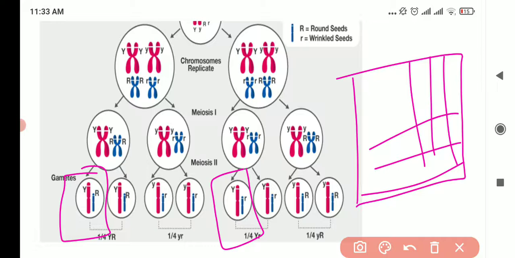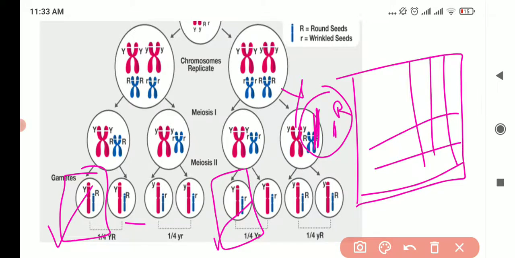Then you do it just like a Punnett square. This one is capital Y and this short one is capital R. This one I drew, finished. Now let's draw this other one, chromosome capital Y and small r.